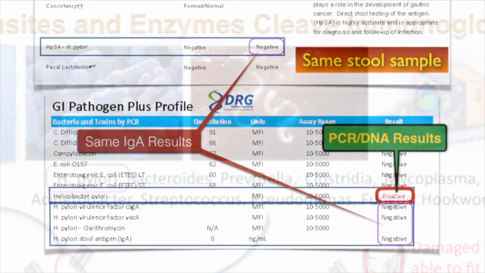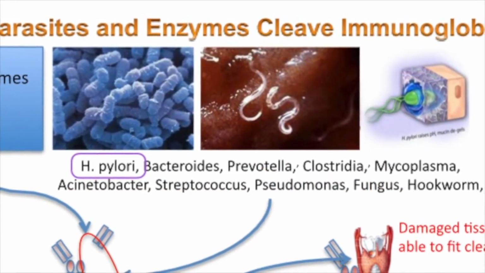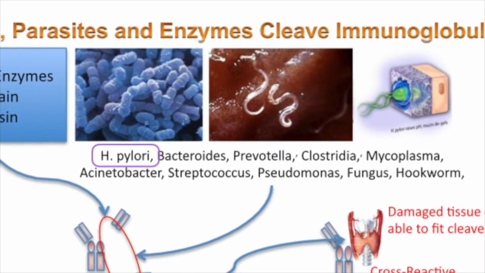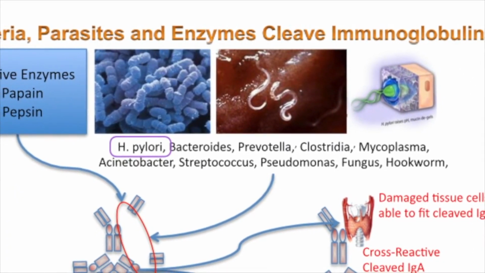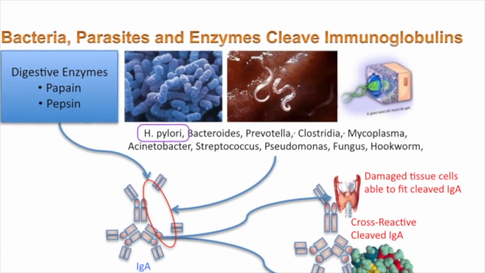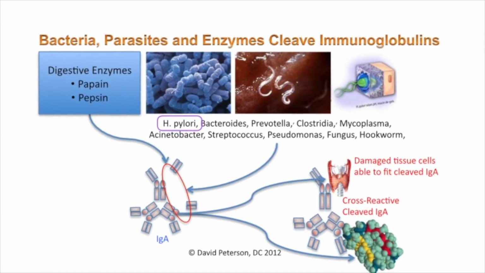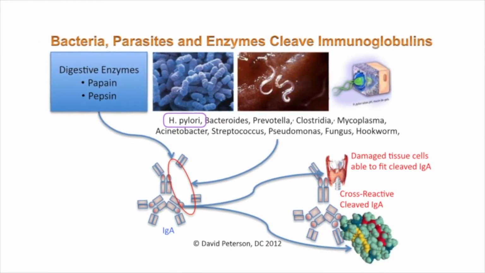How can that be? The answer is really quite simple. H. pylori cleave immunoglobulins and also have the ability to hack into the immune system, taking over control of IgA1 and IgA2, and using the IgA for their protection from the immune system.